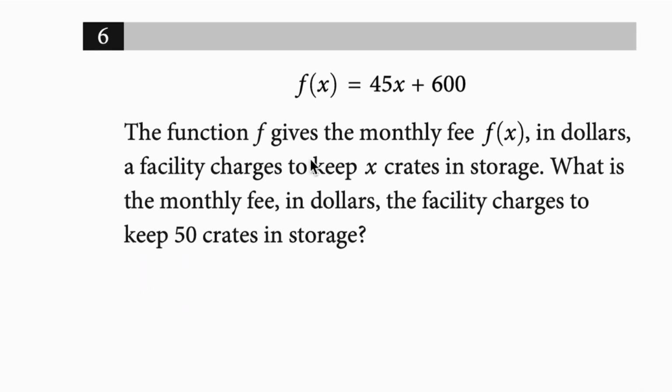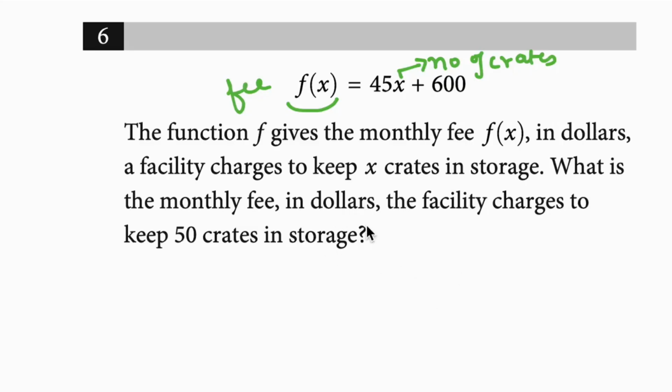The function f gives the monthly fee f(x) in dollars a facility charges to keep x crates in storage. So f(x) is the fee and x is the number of crates. First we have to decode the data, so that if we have to plug in some value, we know where to plug in that value.